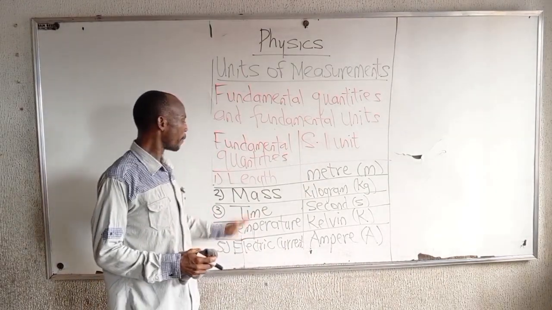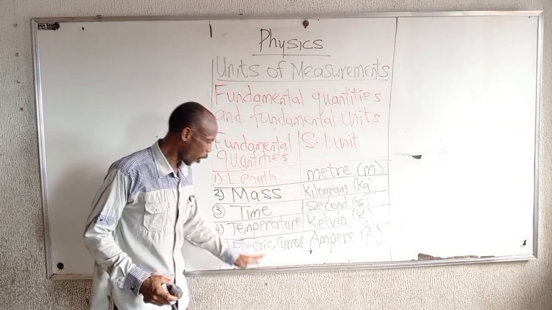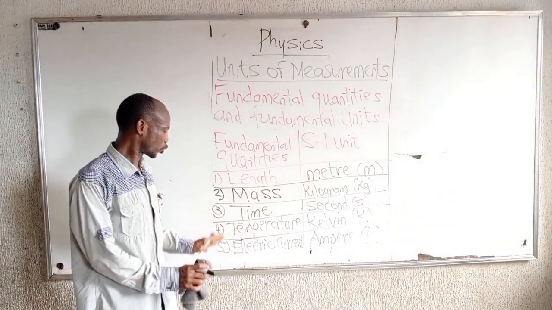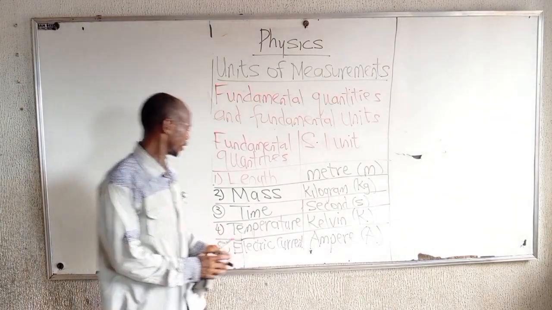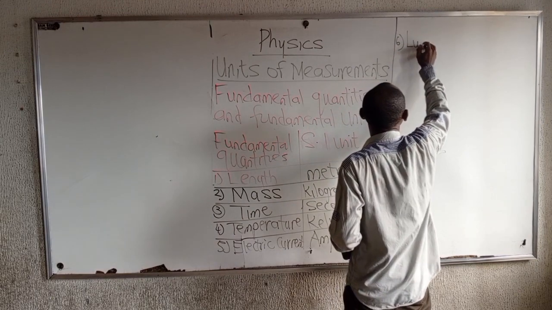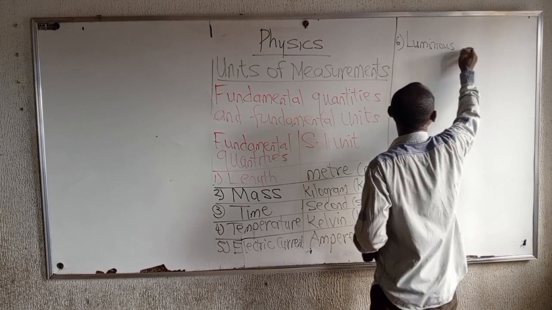These are some of the basic, or what we refer to as our fundamental quantities. We also have 2 more fundamental quantities. One, we have the luminous intensity.